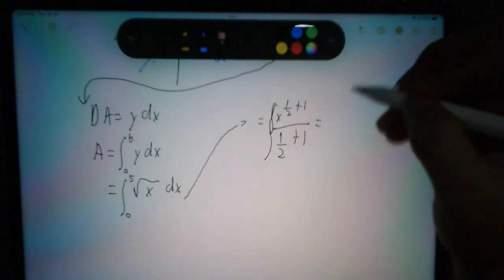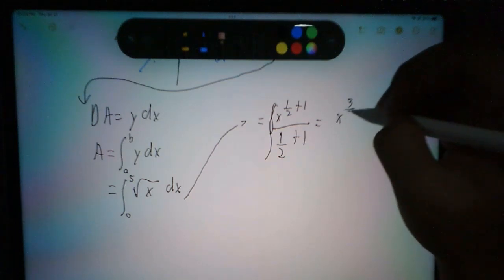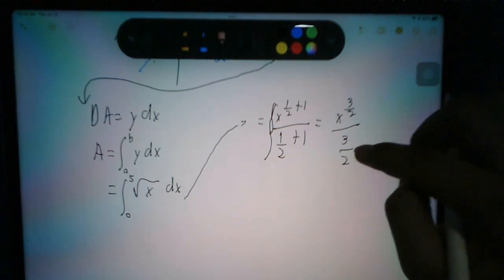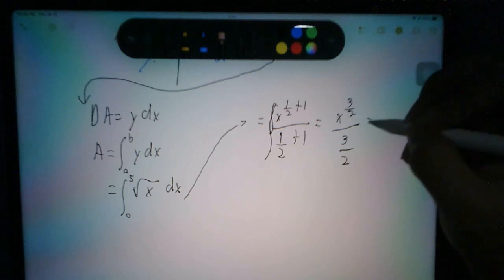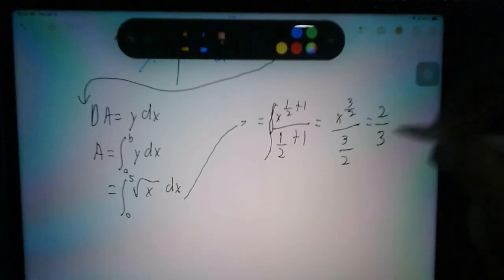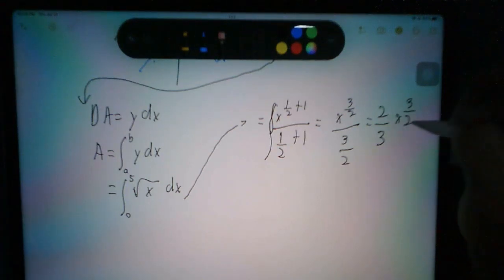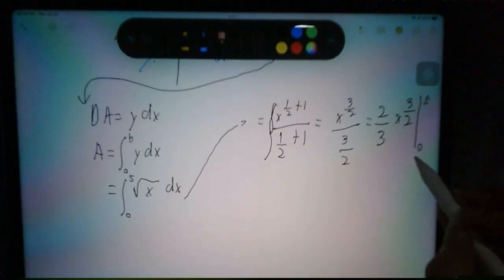So this is just equal to x raised to 3/2 over 3/2. Now by reciprocating this, our answer here is 2/3 of x raised to 3/2 from limits 0 to 5. So we put it here.